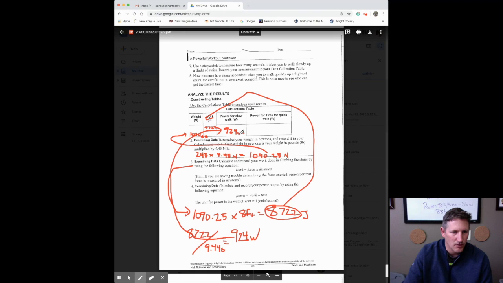Now, how do you think I'm going to calculate for my quick speed? I'm going to do the same thing I did here: 8,722 divided by the time that was faster, 2.09 seconds, gives me a total of, I'm going to round this to the nearest whole, 4,173 watts.